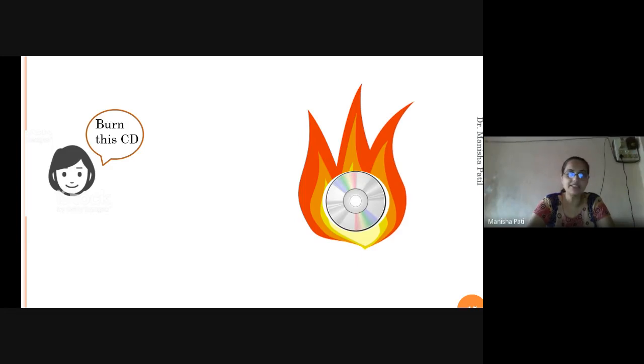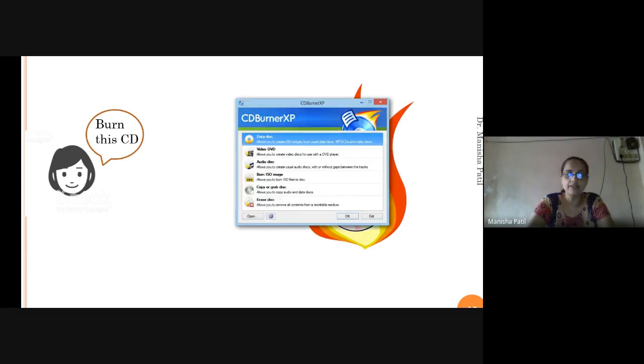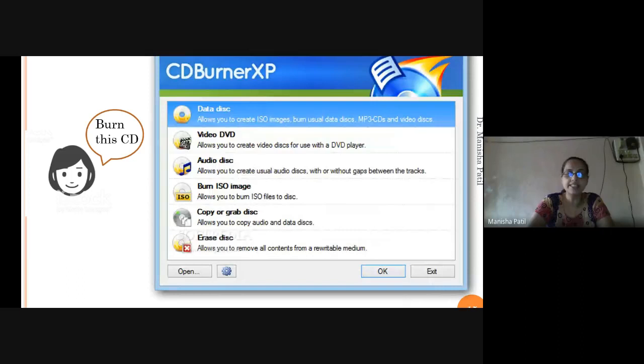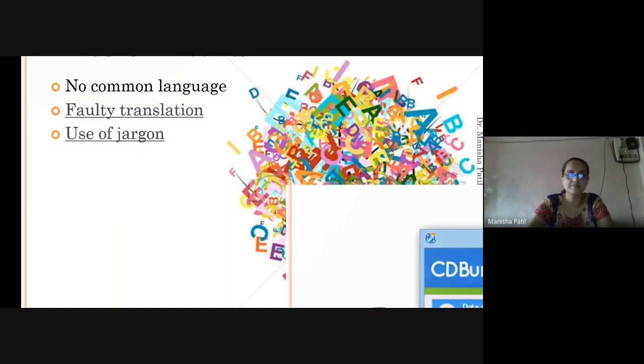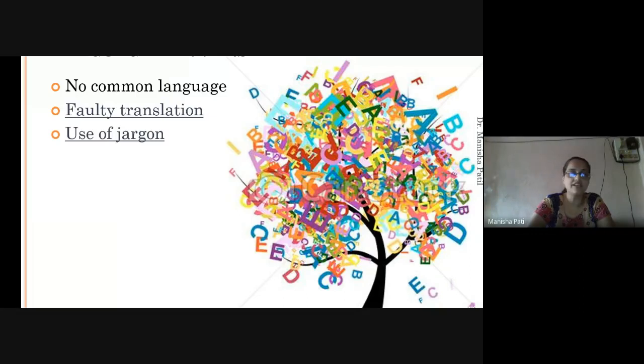Is this the meaning of burn the CD? No, it means copy the CD. Copy the disk. CD, compact disc. But if you don't know what you mean by burn the CD, you will actually put it on fire. So that is use of jargon.